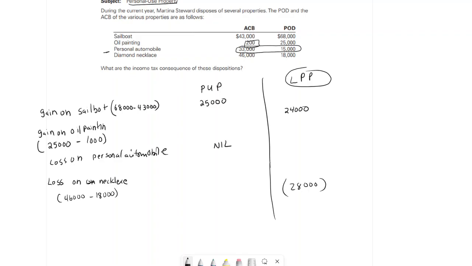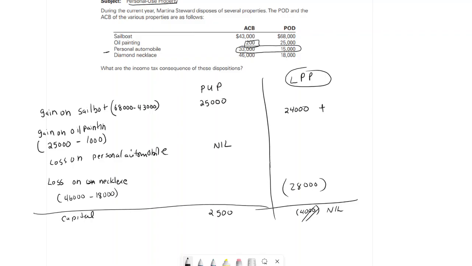In this case my gain is 24,000 and my loss is 28,000. So we have a loss of 4,000, but we can carry forward this loss. The capital gain from this will be 0, and the capital gain from your other property will be 25,000.